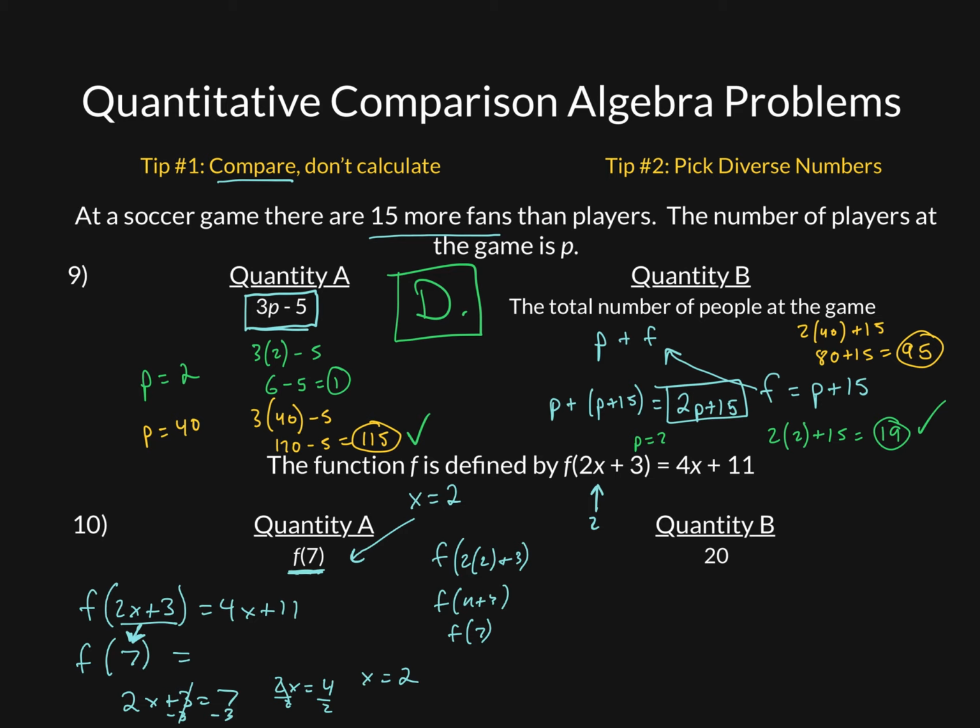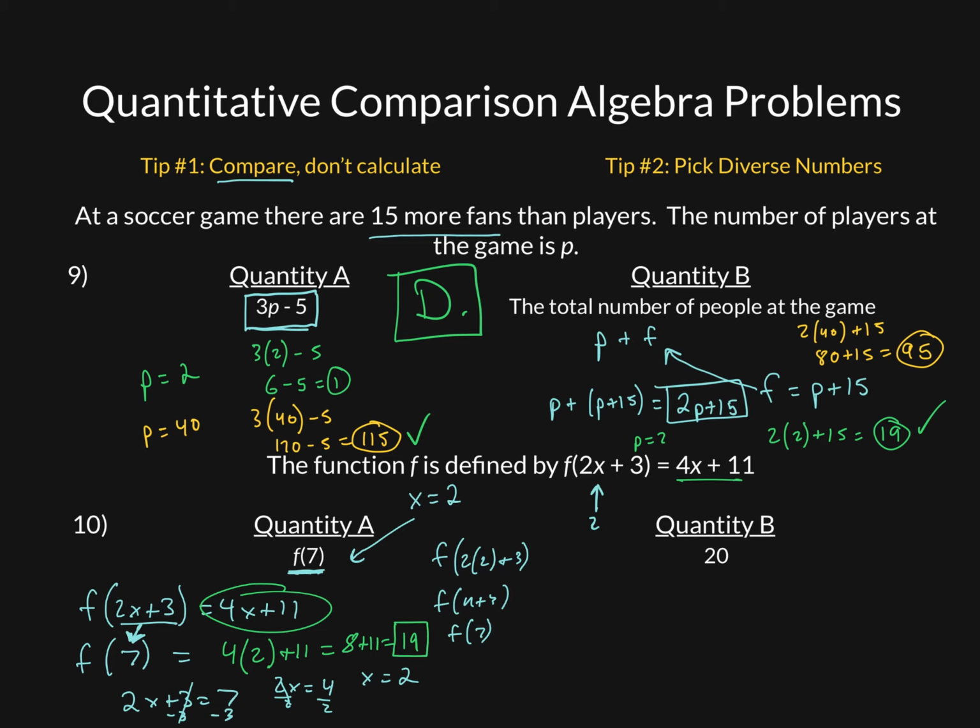Now, once we know that x is 2, we just go ahead and plug in that value into the function here on the right, which is the 4x plus 11. So let's plug in 2 into that. We've got 4, and we said x was 2, so 4 times 2 plus 11. That's going to give us 8 plus 11, which is 19.